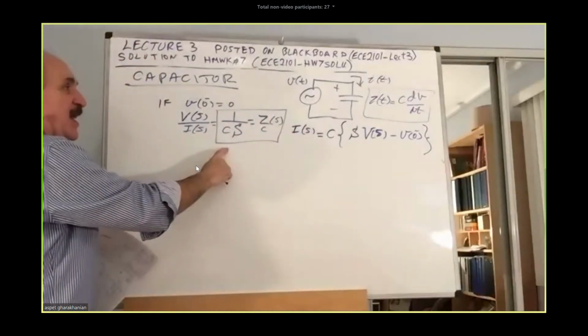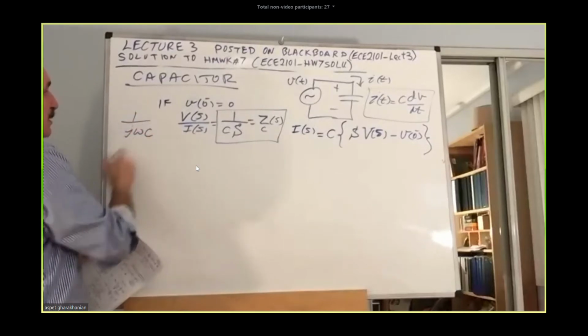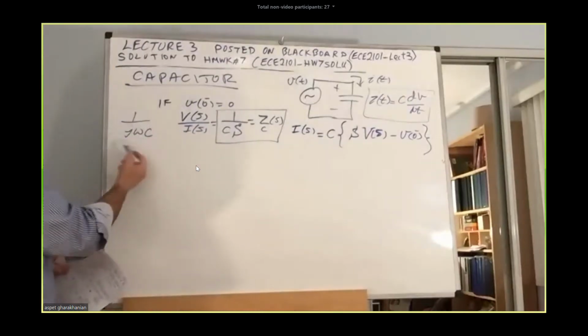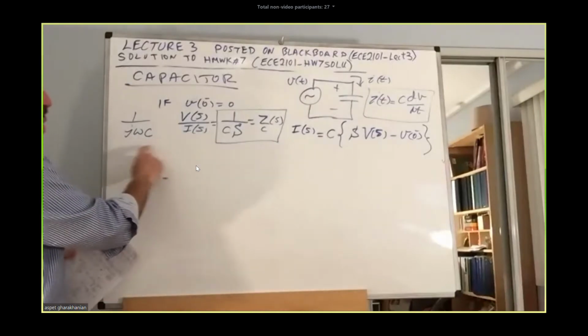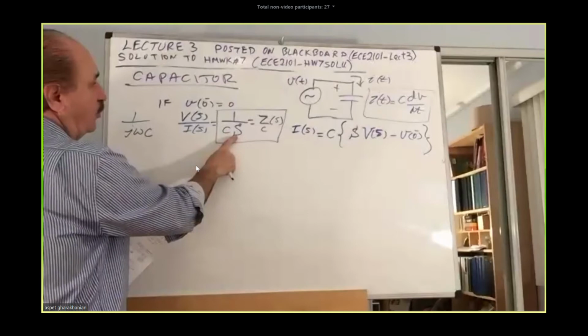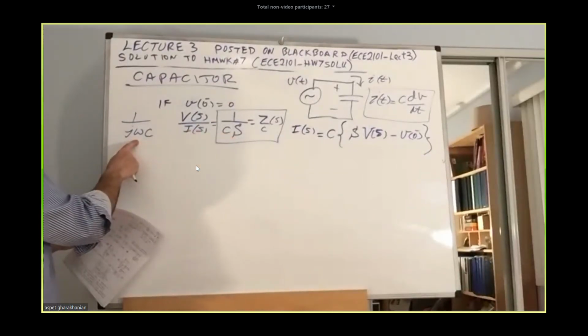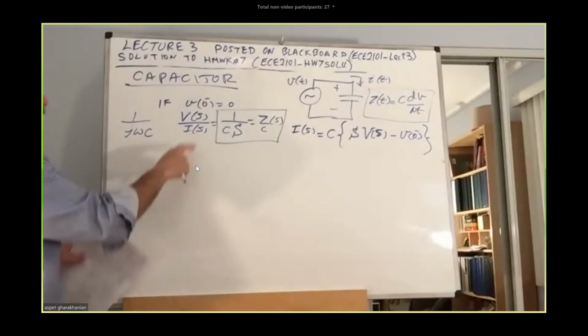Please compare that against 1 over j omega C. So it looks as if you're substituting s equal to j omega in the Laplace impedance. It's very similar to that one.